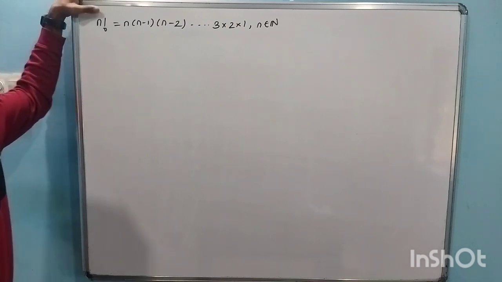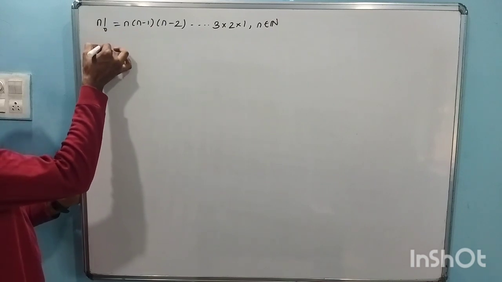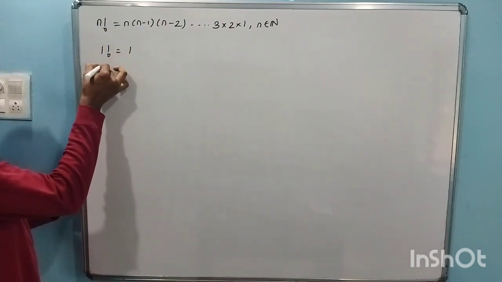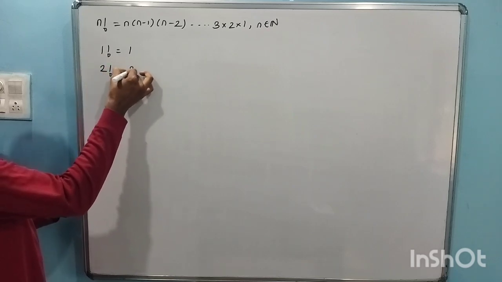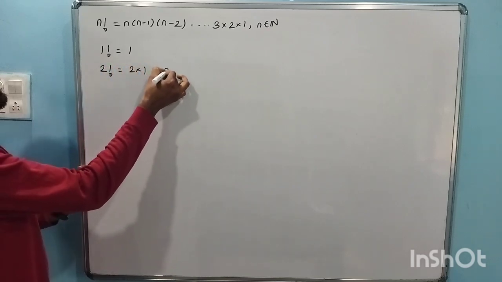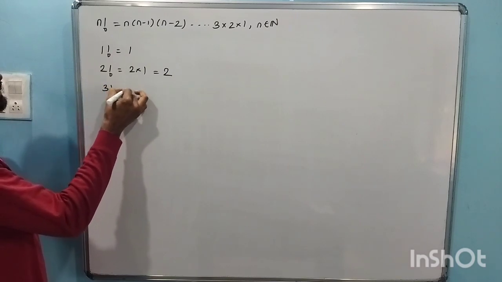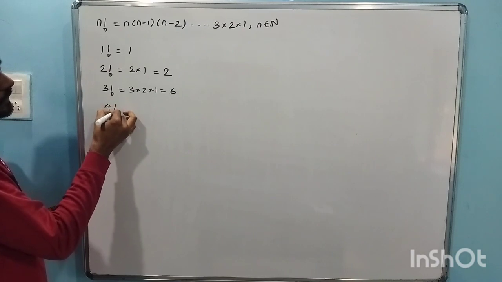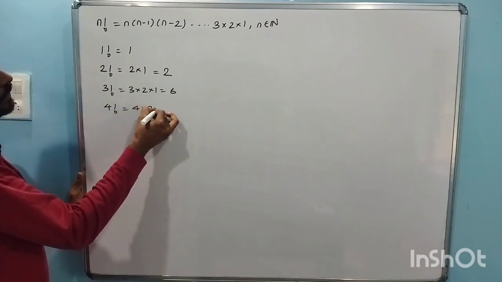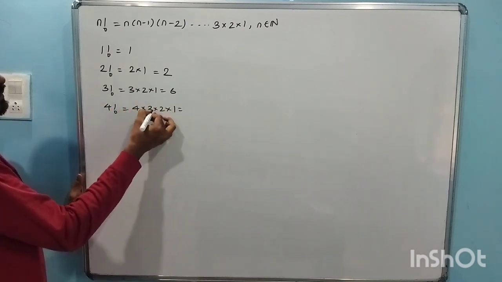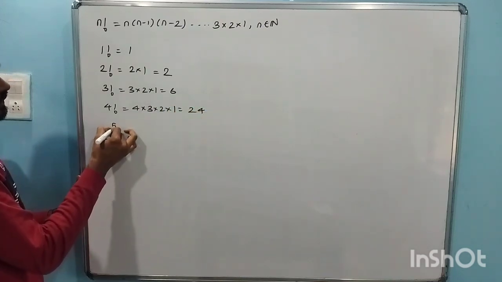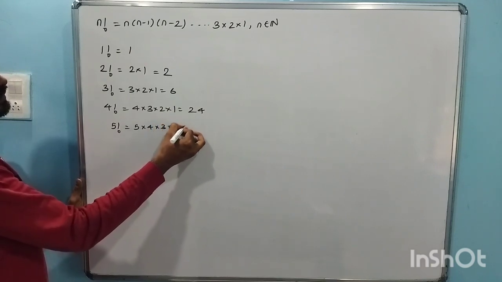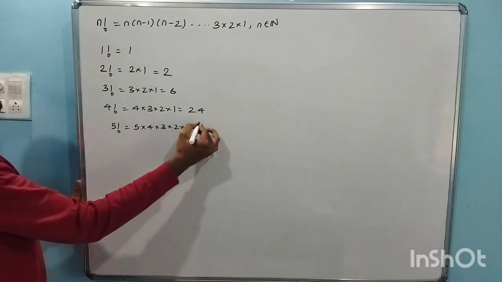Now we'll see some examples. 1 factorial is 1. 2 factorial is 2 into 1, which is 2. 3 factorial is 3 into 2 into 1, which is 6. 4 factorial is 4 into 3 into 2 into 1, 24. 5 factorial is 5 into 4 into 3 into 2 into 1, so 24 into 5, which is 120.